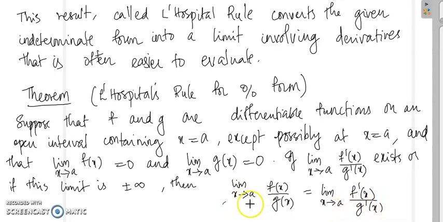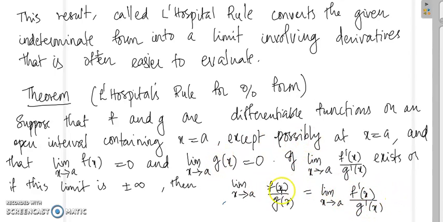And here instead of limit x tends to a, the rule will work for left limit or right limit, and infinite limits. It can be limit x tends to a plus, limit x tends to a minus, limit x tends to infinity, or limit x tends to minus infinity. So provided it is in the 0 by 0 form, and functions f and g are differentiable, this limit will be equal to the limit of f dash by g dash.